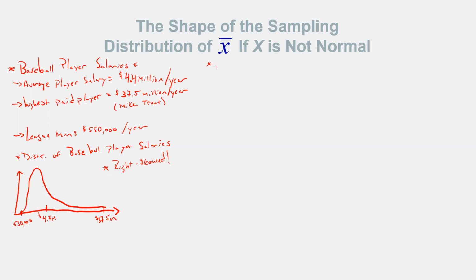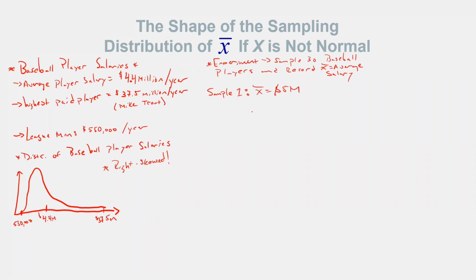All right, I'm going to do an experiment here. I'm going to sample 30 baseball players and record X bar, which is their average salary. The first time I do it, sample 1, X bar comes out to be $5 million.